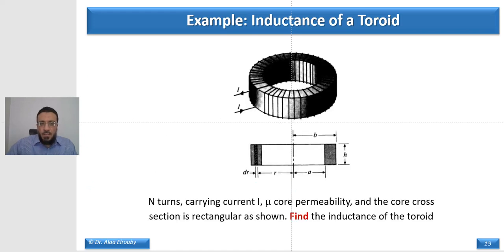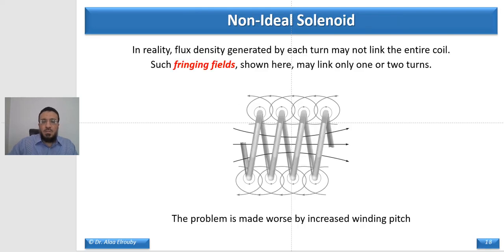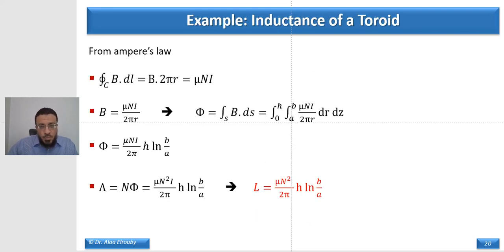If we take the Ampere's contour, a circle inside the core of the toroid, this circle will enclose all the currents, Ni currents, as we did before.